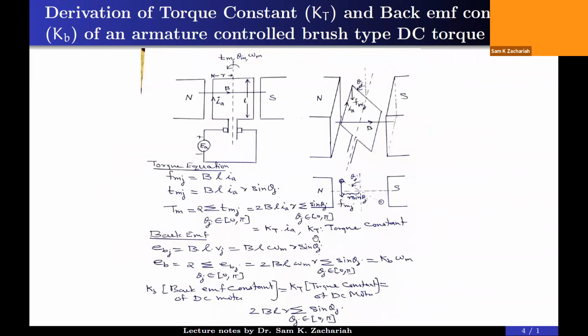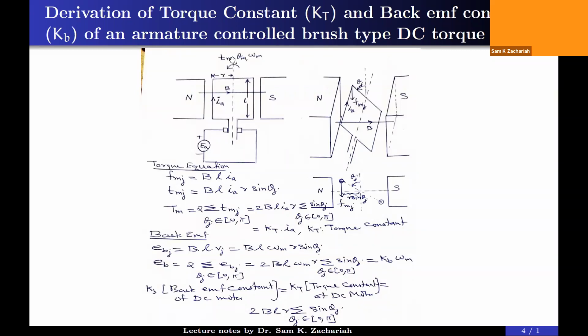Then I have drawn my own diagram. Again, this is the north pole, this is the south pole. B represents the flux density. It is a vector, directed from north pole to south pole. Then this is a single coil, a single turn motor coil or armature coil. And the armature coil is supplied from an EMF source, a voltage source.